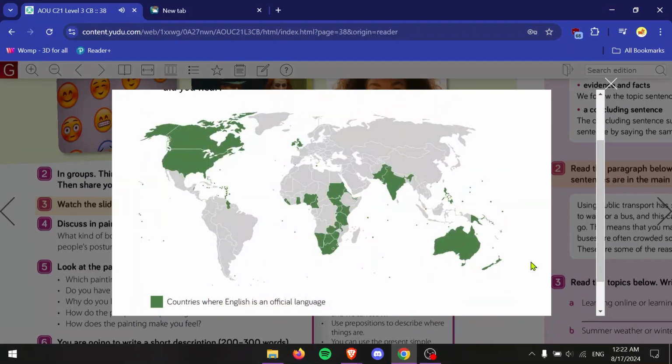English? Another good guess. This is an English course after all. English is spoken in more than 60 countries. It's the international language of business and of science, so many people study it as their second language. But no, that's not it. Any more guesses? No? Okay.